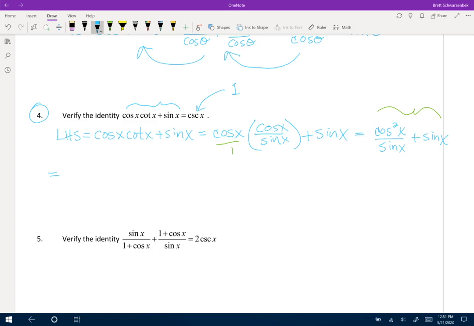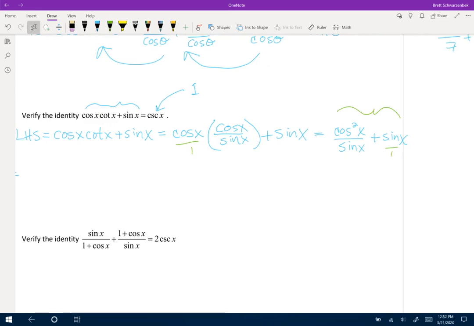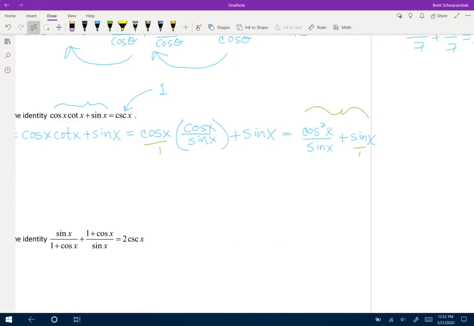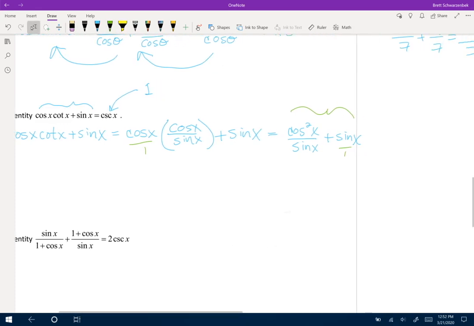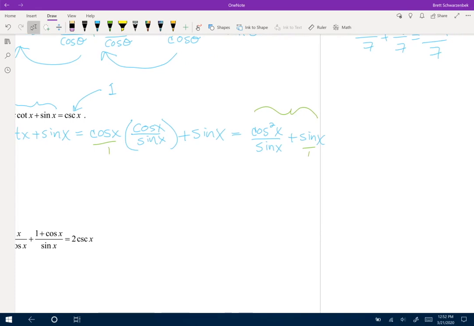Well, once again we put the sine over 1, so we have a sine and a 1 as the denominator. That is basically the equivalent of something like this in fraction talk. If we have, let's say, 2 ninths, and then we have 5 over 1, what's the common denominator?